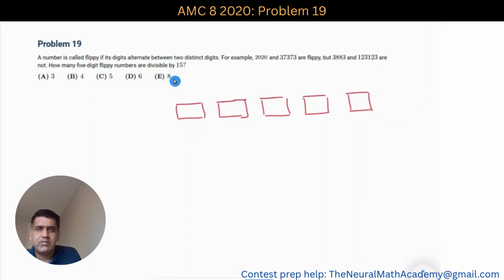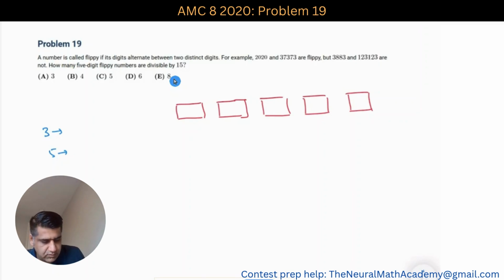For a number to be divisible by 15, it has to be divisible by 3 and 5. So if we recall, for a number to be divisible by 3, the sum of all the digits should be divisible by 3. And for 5, if a number is divisible, then it should end in 0 or 5.